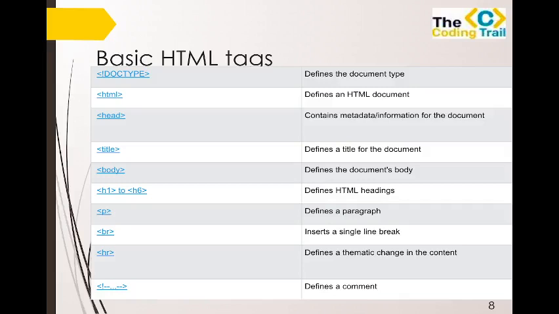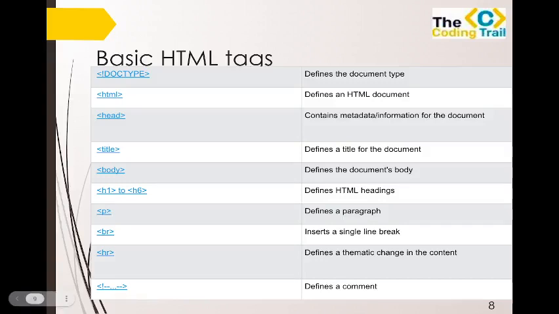Head is to tell the information about the tags that we have used in the body. Then title is to give a heading to our tab. Body is to put the components. H1 to H6 is to tell the heading. P is to tell that our paragraph has started. BR is to give a vertical break. HR is to draw a horizontal line.